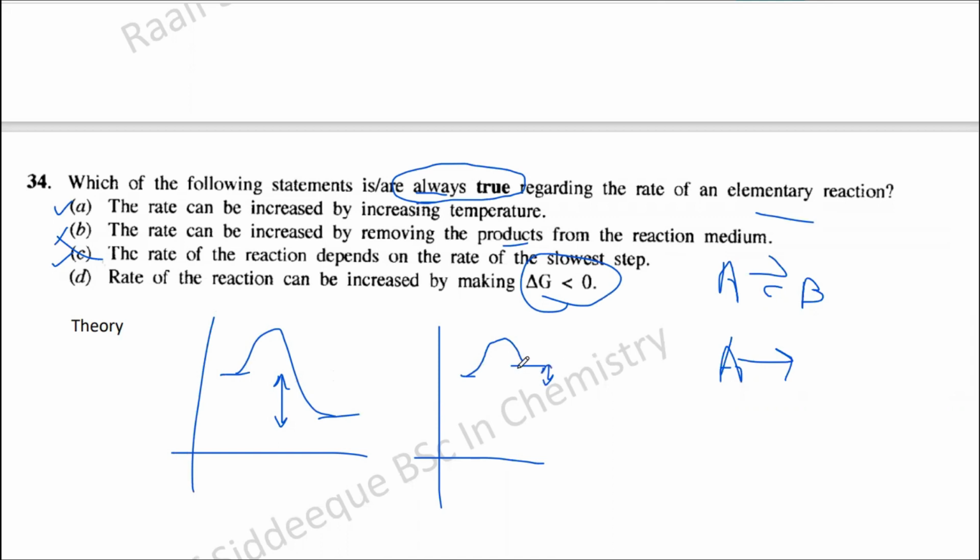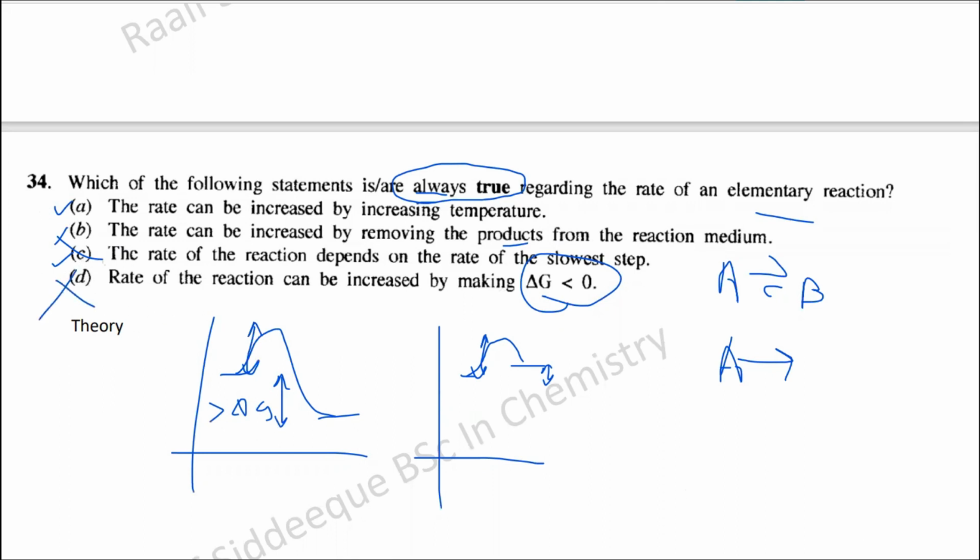So the rate depends upon this activation energy. The activation energy here and here is the same, either delta G is negative or delta G is positive. So delta G cannot change the activation energy here. So it does not change the rate of the reaction all the time. So this is also wrong.